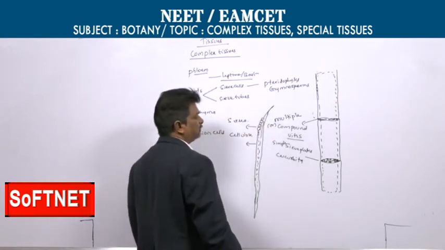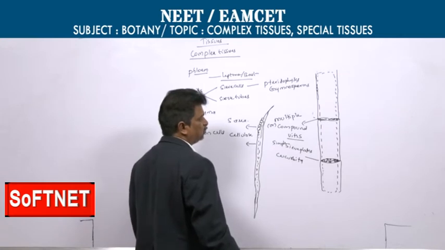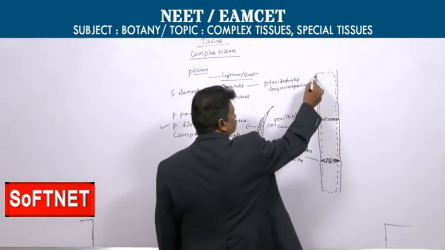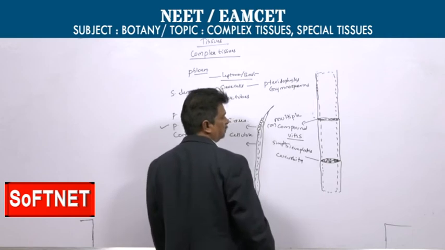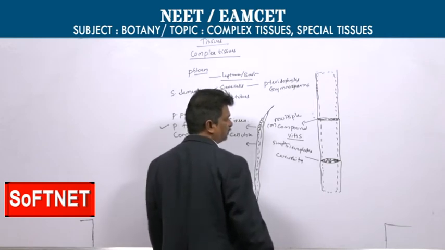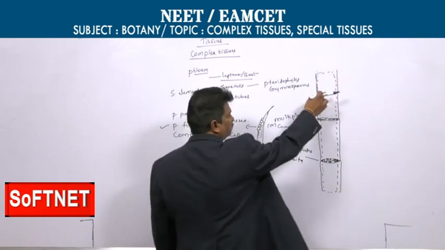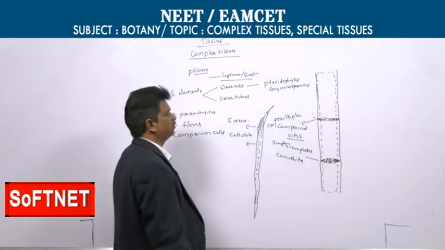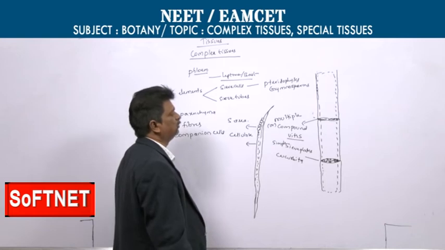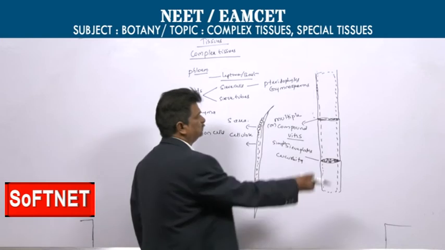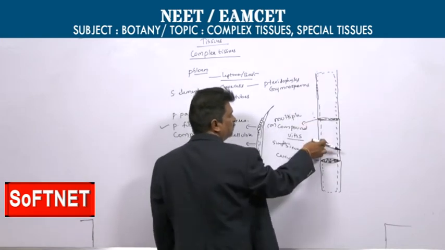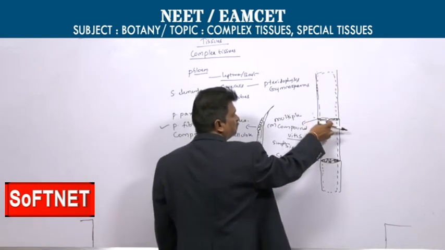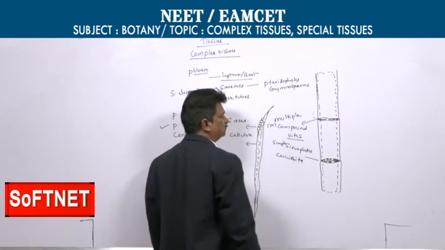The cytoplasm shows streaming movements. The sieve tubes are useful for conduction, particularly through cytoplasmic streaming. They translocate food from one sieve tube to another through the sieve areas.